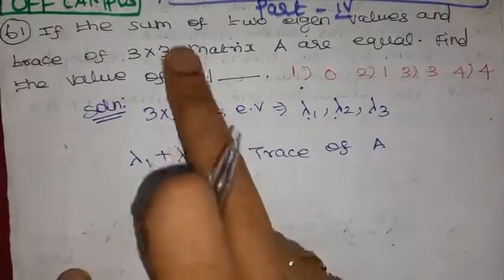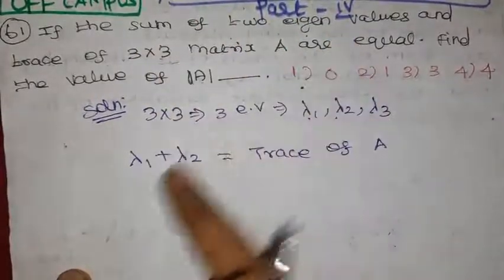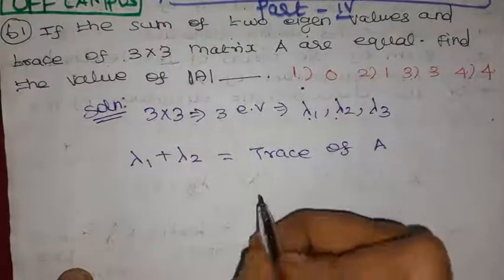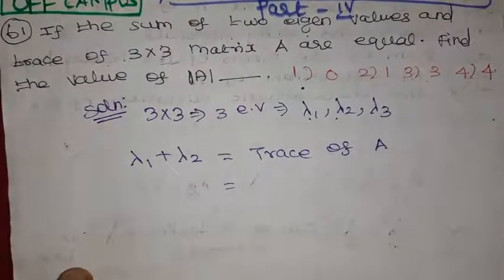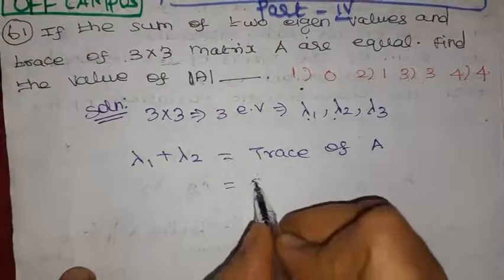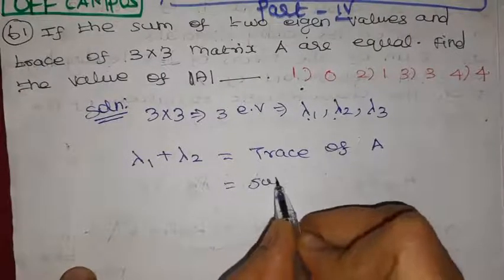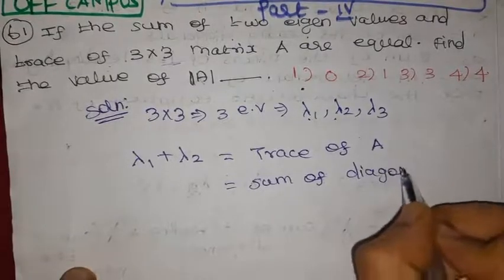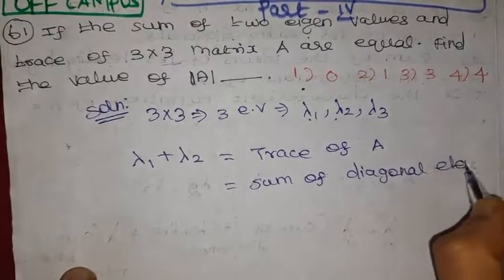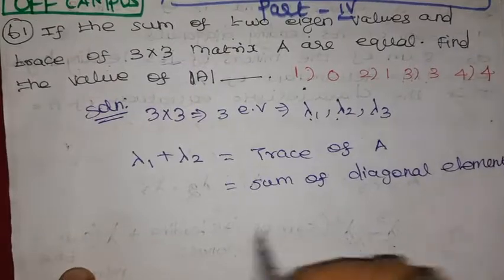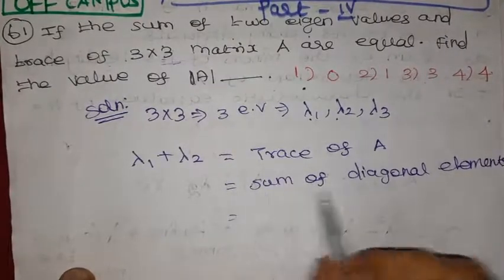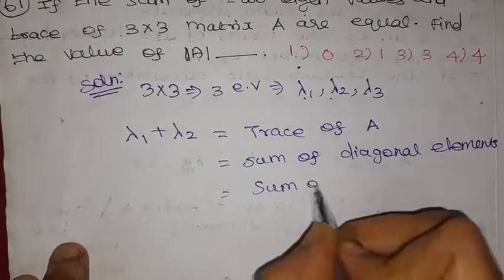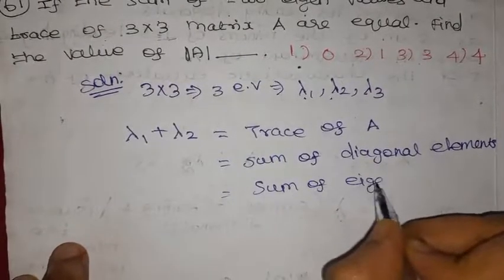So, lambda 1 plus lambda 2 is equal to trace of A. What is actually the trace of A? Trace of A is nothing but the sum of the diagonal elements in the matrix. By the properties of eigenvalues, the sum of the diagonal elements is equal to the sum of the eigenvalues of the given matrix.